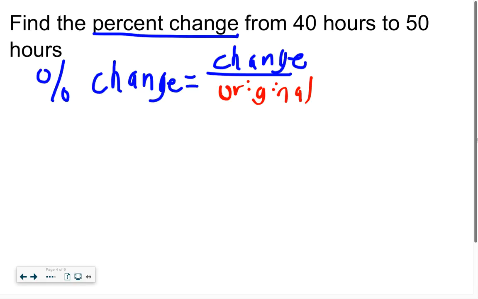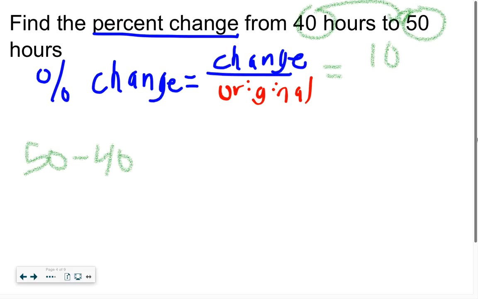Now, what we're talking about is the change from our numbers. What is the change from 40 over here to 50? How much is the difference between them? So again, if you needed to, you can. This work I don't need to see, but 40 minus 50 equals 10. And then over the original number, which is what they start with.